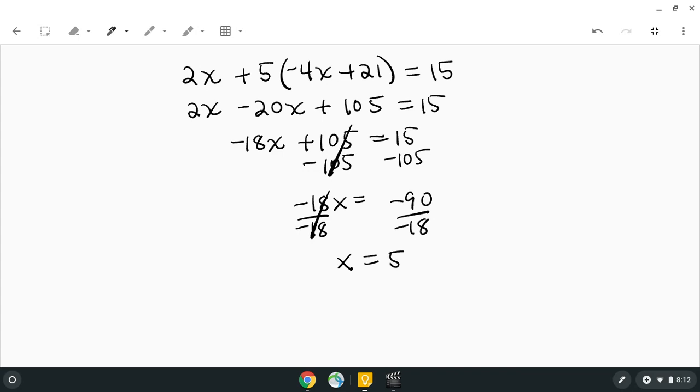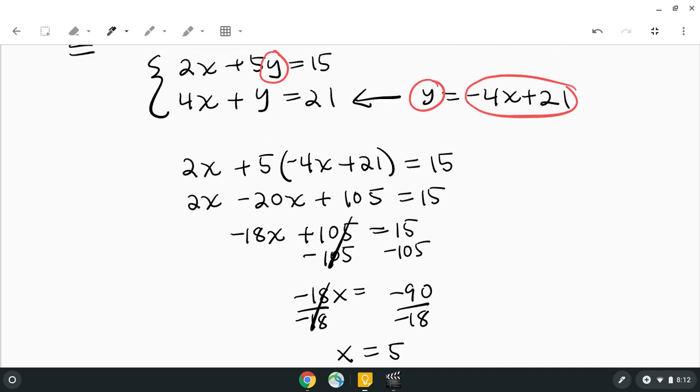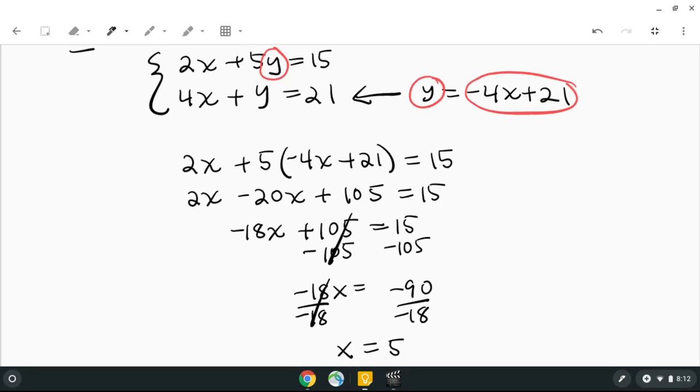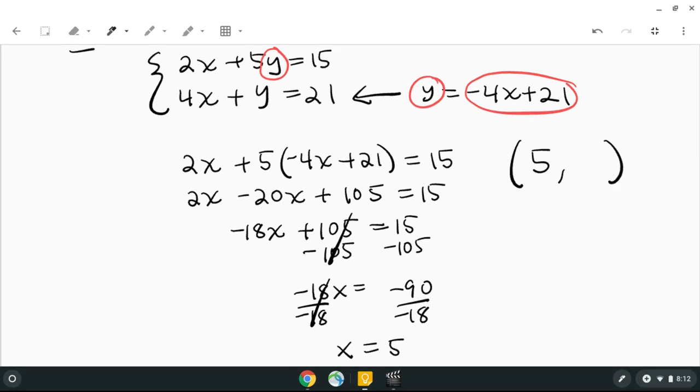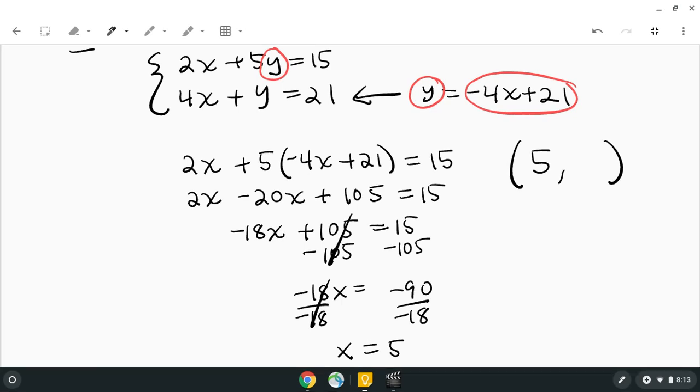So we found the x value. Let me bring down the system. We need to find the y value. I think I will use this version of the second equation.